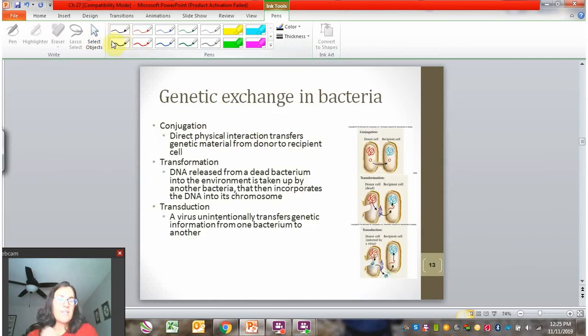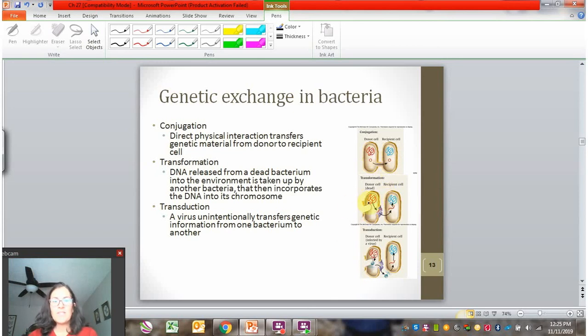So these are the different ways that bacteria can do this, and this is a review, a refresher from your previous biology class. So we have conjugation, transformation, and transduction. Conjugation is when one cell physically interacts with another cell and is able to send DNA over to it through the opening between the two cells. Only some cells can do this.